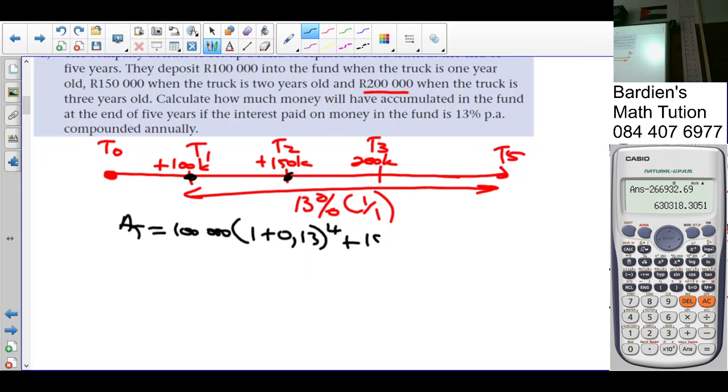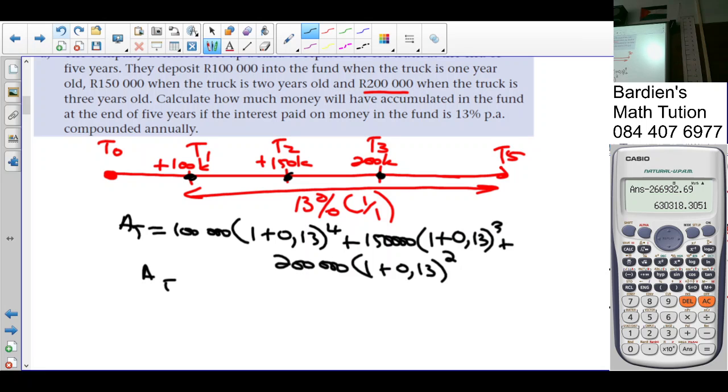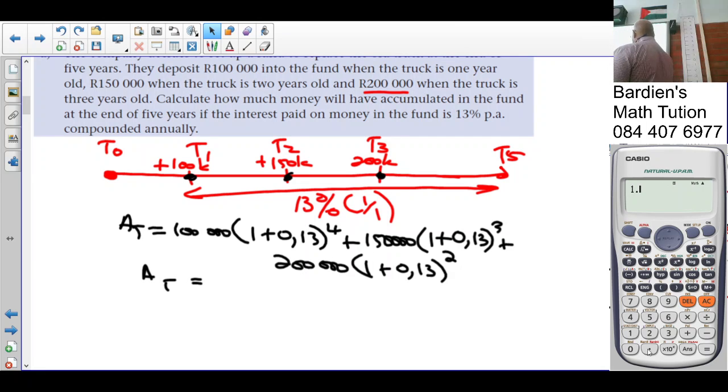So it's going to be 150,000 into 1 plus 0.13 to the exponent 3 years. You will agree it's 3 years from there to there? Plus. It will be 200,000 for how many years? How many years, people? 2 years. So a total, I say 1.13, I get my answer.